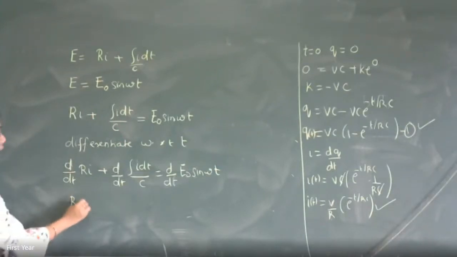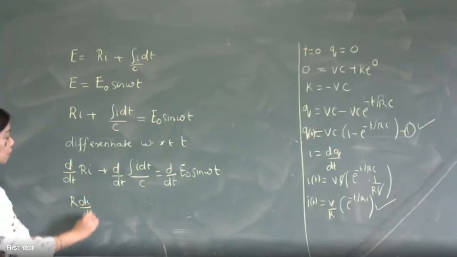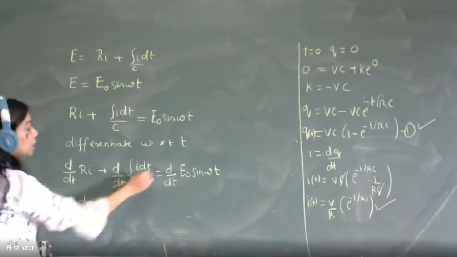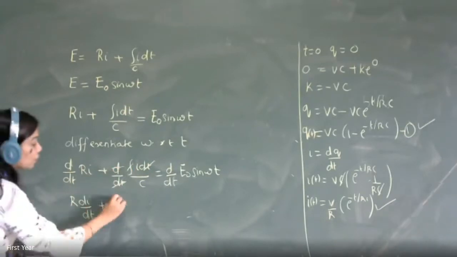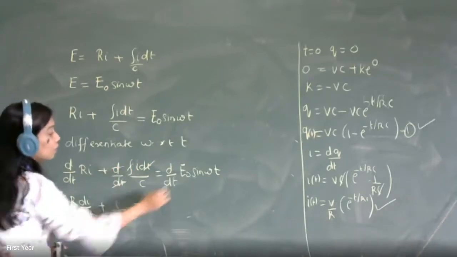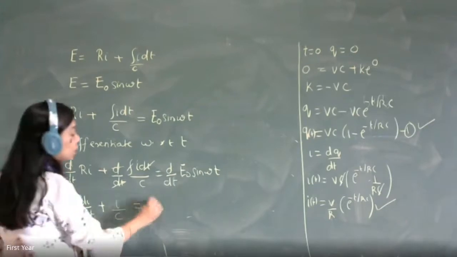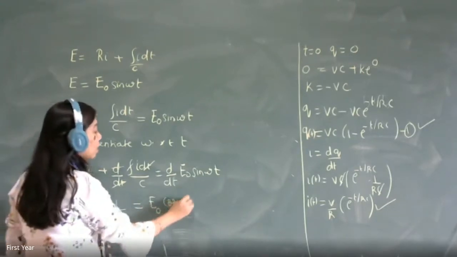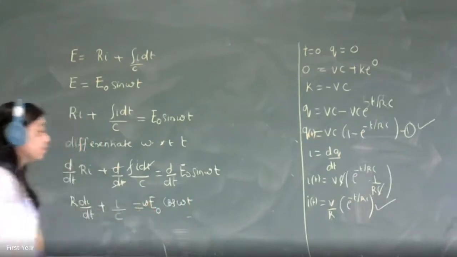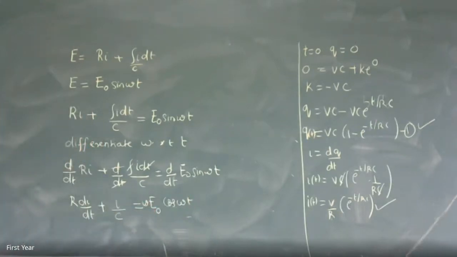So this is R di by dt, because R is a constant, plus the d by dt and integration get cancelled, so it is I by C, is equal to, E0 is the fixed value, derivative of sin is cos of omega t into omega. Is this clear to everyone?